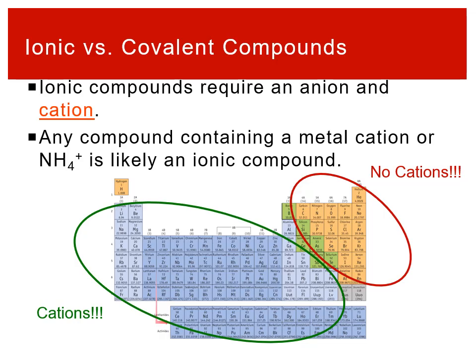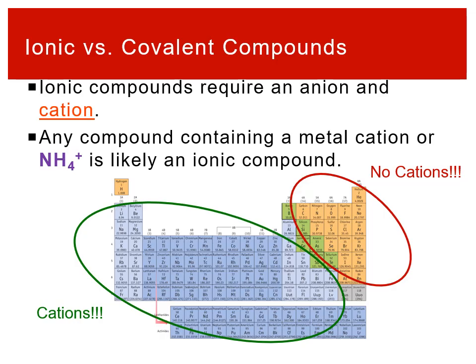So ionic compounds have to contain an anion and a cation. The only types of atoms that form cations are metals, and the cation has to be first in the formula. So when we see a formula, if the first thing is a metal, that means we are dealing with an ionic compound. There is one complication, and that comes in NH4+.